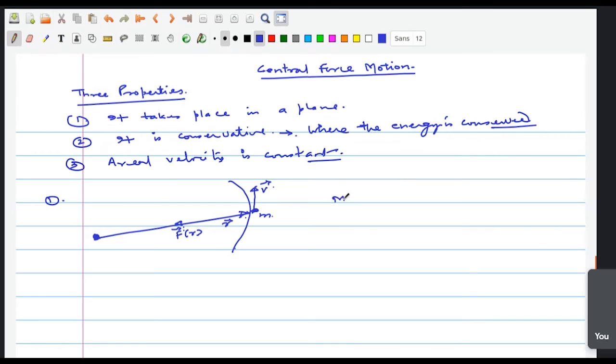For this case, the moment can be defined as r cross F, because in this case the force is directed along the minus e_r direction. e_r is the unit vector along the radius vector. So we can write it in this way, and therefore this quantity is equal to 0. And this implies the angular momentum H is a constant. This is a constant vector.